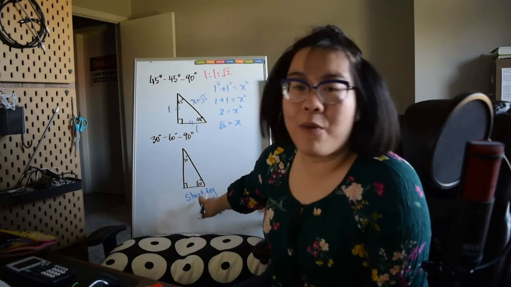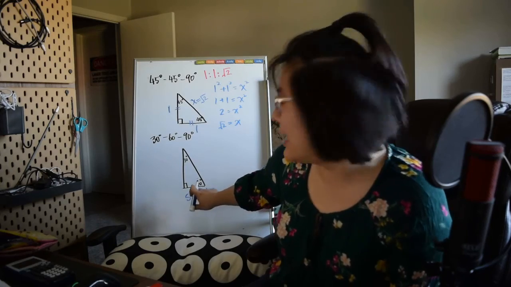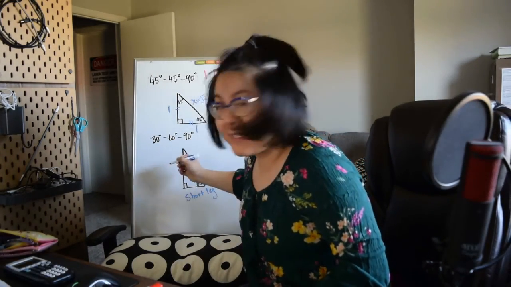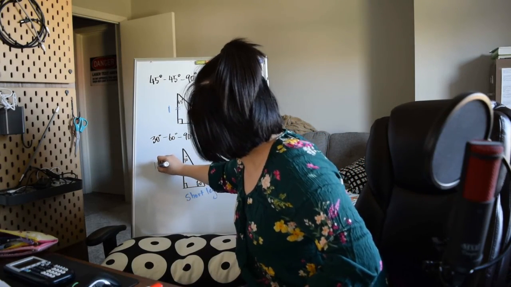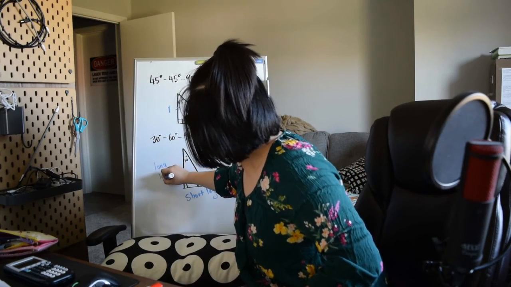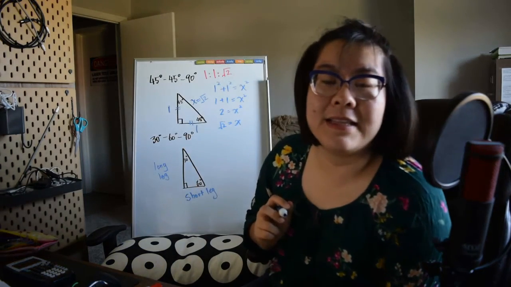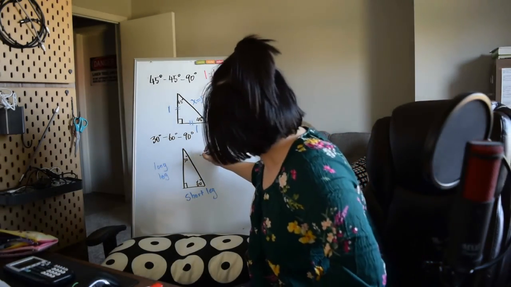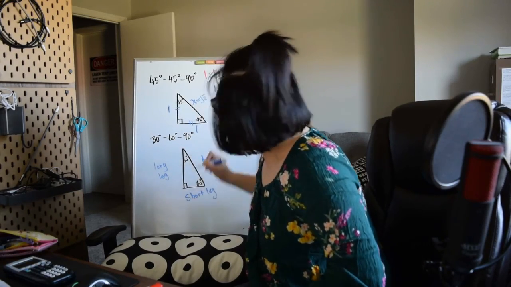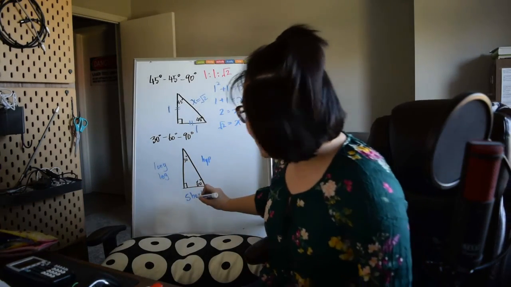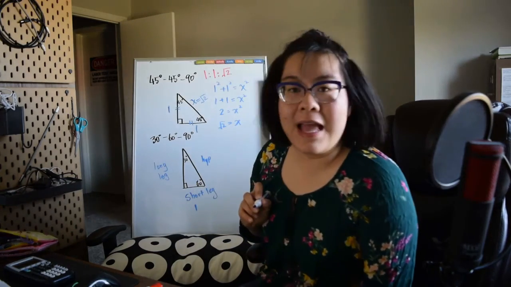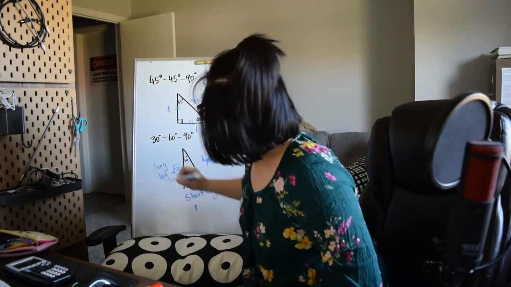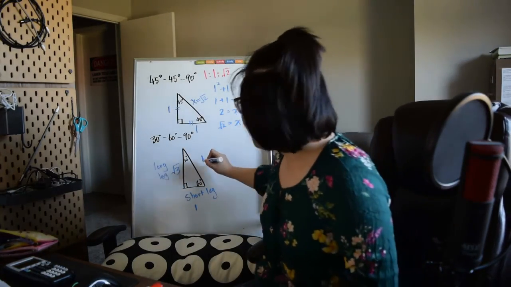But over here, I want to name the leg opposite the 30 degree angle the short leg, the leg opposite the 60 degree angle the long leg, and again, the side opposite the 90 degree angle is the hypotenuse. So the short leg will be 1, the long leg will be radical 3, and the hypotenuse will be 2.